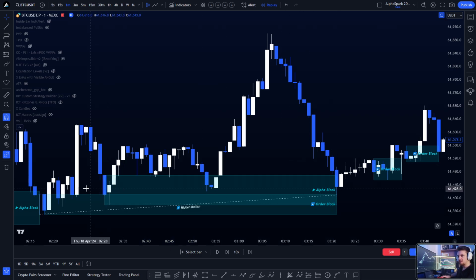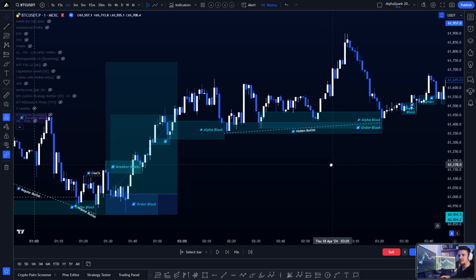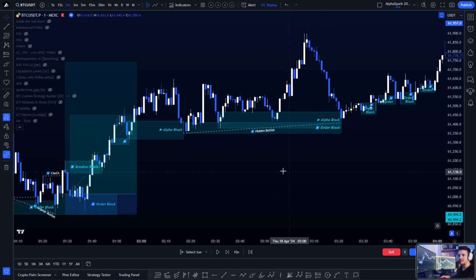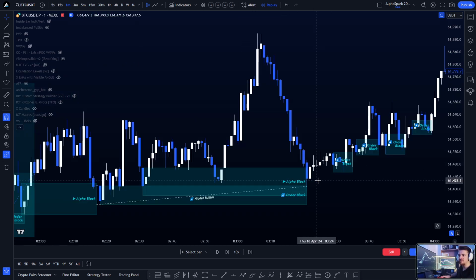This one, for example, is also valid, and of course, if you put your stop loss there, you would get stopped out. But this is also valid. This is also valid. This would also be valid, and of course, you would be stopped out. But keep in mind that all of these are analyzed and marked out the same way.